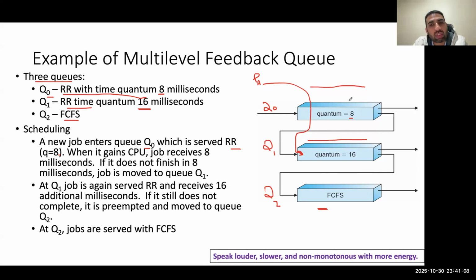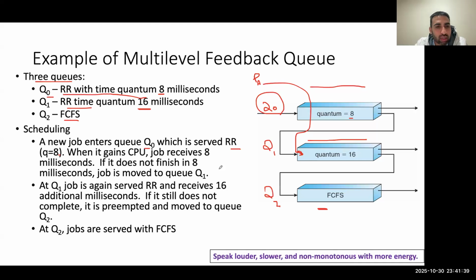But if a process is taking more than 8 time units, it is taking longer, and if we keep it in Q0, it can affect the completion time of other processes because it will be incurring more context switches. So we can move it to Q1. In this way, we will not be affecting the throughput of all the processes which have an execution time of less than or equal to 8 time units, right?